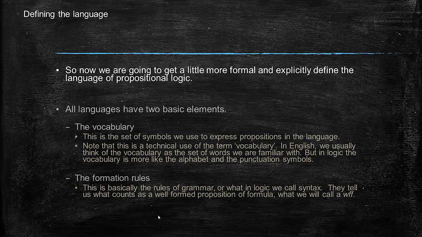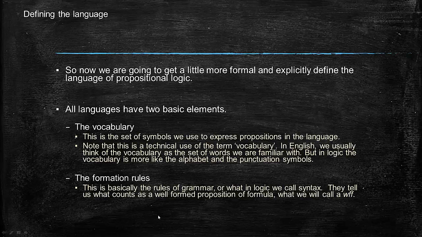Now, all languages essentially have two basic elements. We talk about the vocabulary and we talk about the formation rules. So the vocabulary is just a set of symbols, the ones we've already introduced, to express the propositions in the language. And you'll note that we're using the term vocabulary technically.